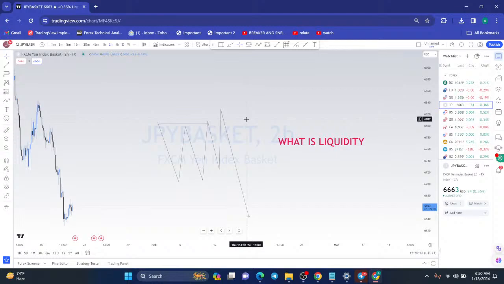Liquidity is simply the transfer of money from the traders who mess up more to the traders who mess up less. Did you catch that?